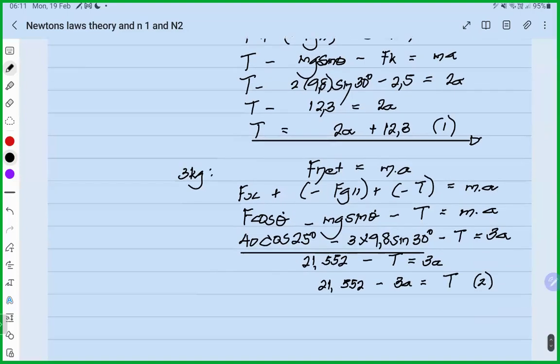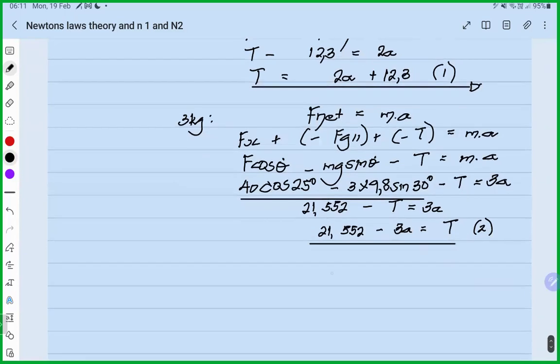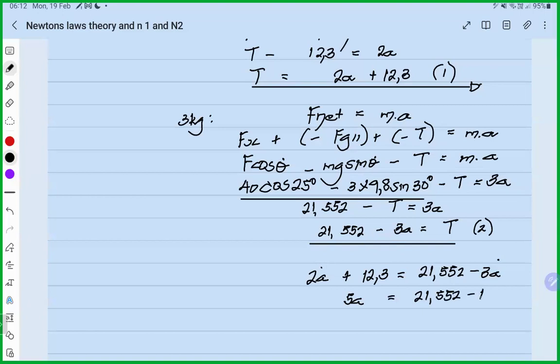You've got your 2 equations for T. You can now equate them to each other. 2a plus 12.3 equals 21.552 minus 3a. 2a plus 3a is 5a. 21.552 minus 12.3.